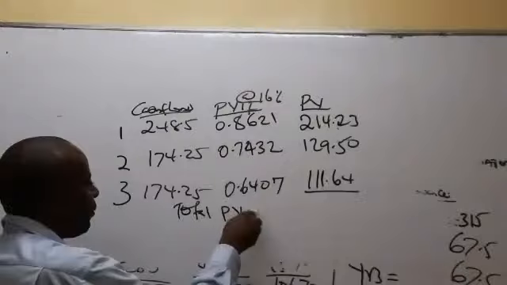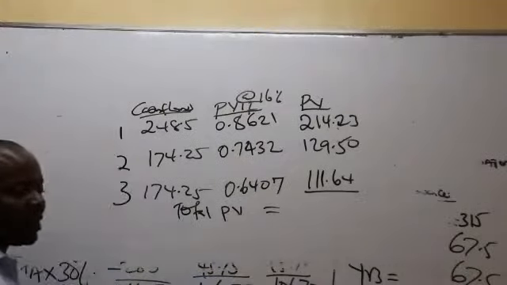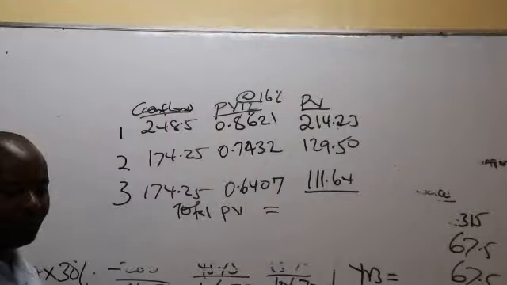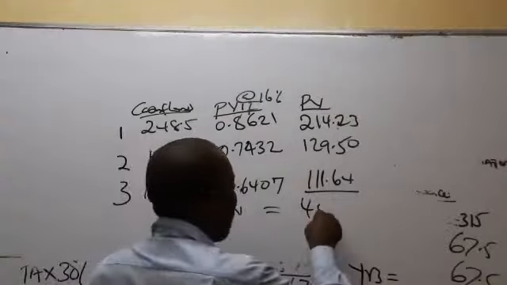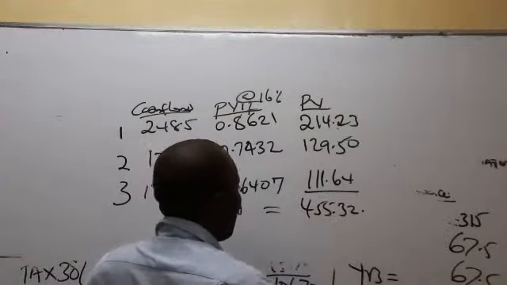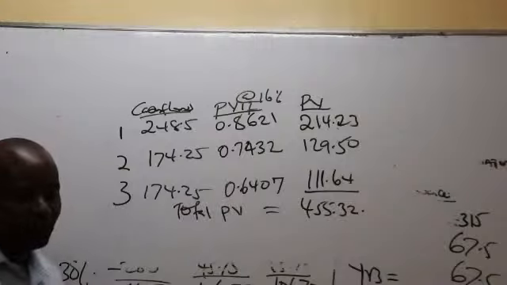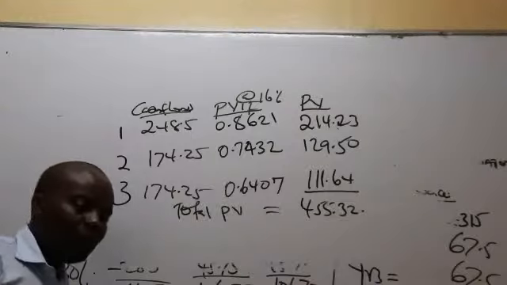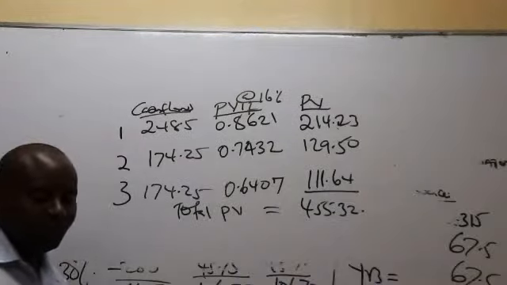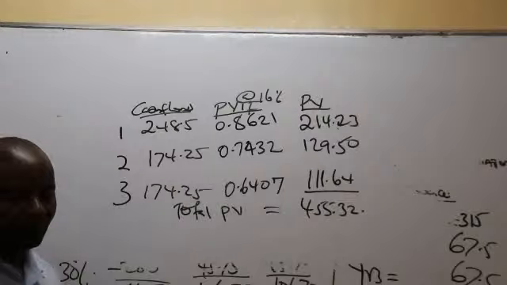So please come and give us the total present value. The total present value will be equal to 455.32. So from there, what do we do? We should come and less the cash outflow, isn't it?